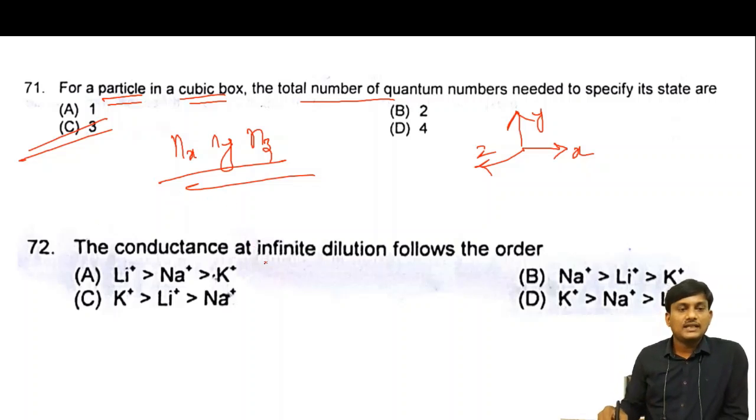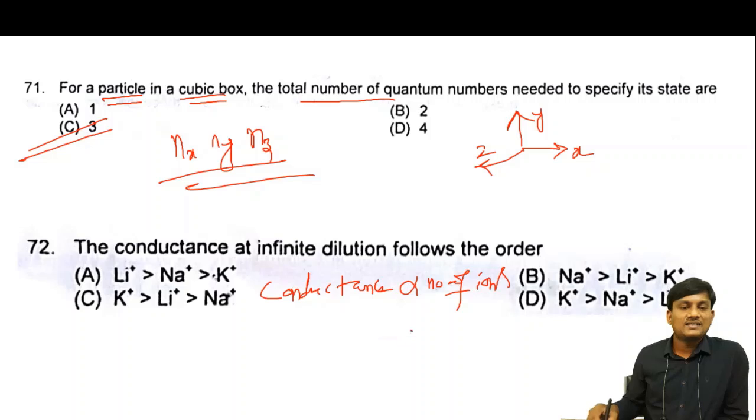The conductance at infinite dilution follows the order. We know that the conductance of an electrolyte or ion is directly proportional to the number of ions, the concentration of ions, and indirectly proportional to the size of ions.